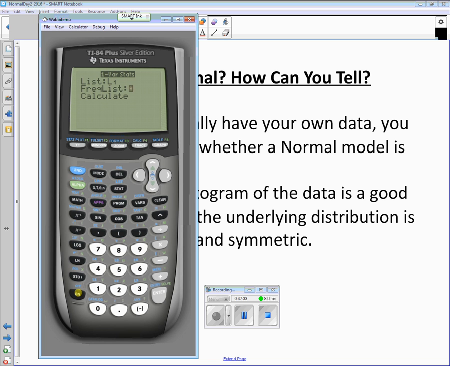Stat calc, one of our stats from list one, and we're going to calculate. Did you get the same numbers I did? If you didn't, that just means you mistyped something, so double check. I have to write down your information because you're turning this in to me. It doesn't matter about order for the mean.